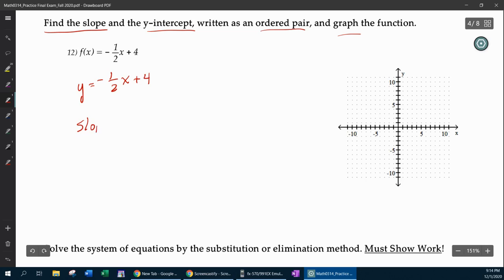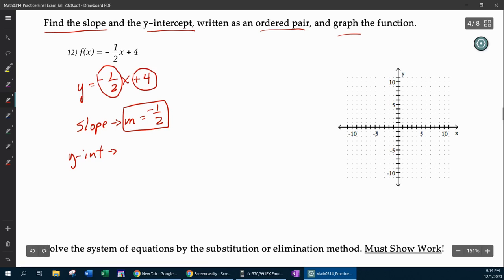So I know my slope, which is m, is the coefficient of x. There's my slope. And my y-intercept, which is the b, which is my constant, as an ordered pair, would be 0, 4. Remember, the y-intercept always has an x-coordinate of 0.